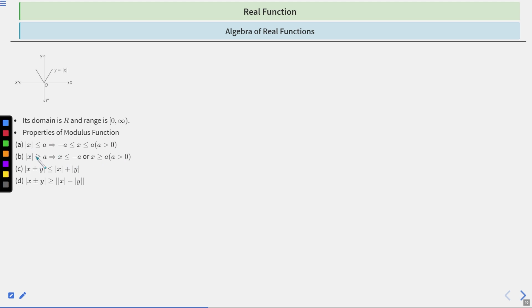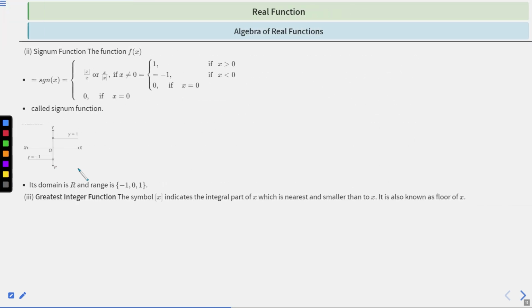Part B: when mod x is greater than or equal to a, this implies x is less than or equal to minus a or x is greater than or equal to a, where a is greater than 0. Next, mod of x plus minus y is less than or equal to mod x plus mod y. Next, mod of x plus minus y is greater than or equal to mod of (mod x minus mod y), right? So you have to remember this.